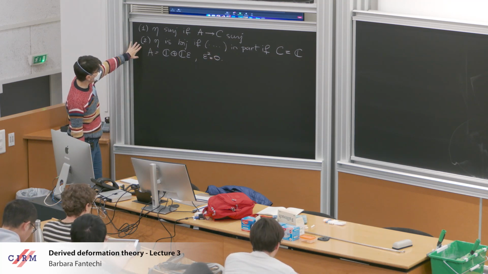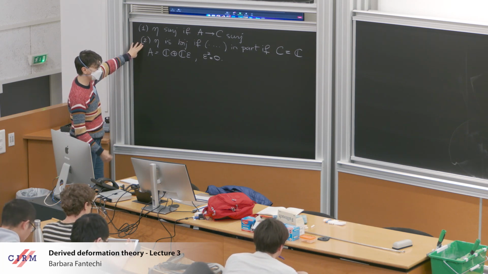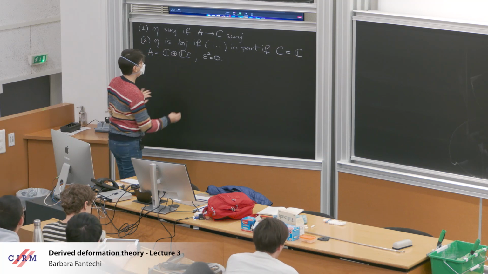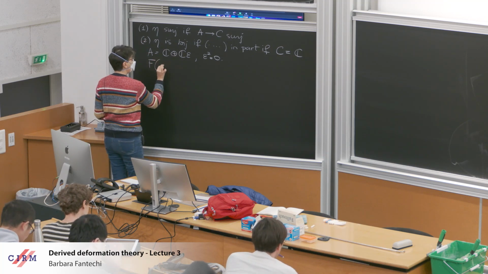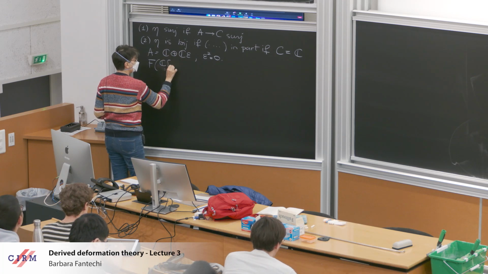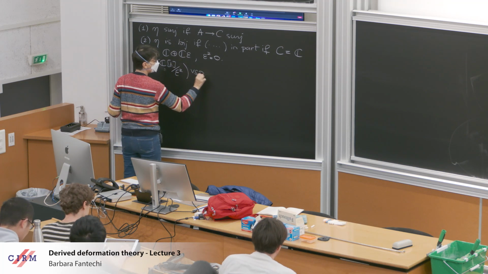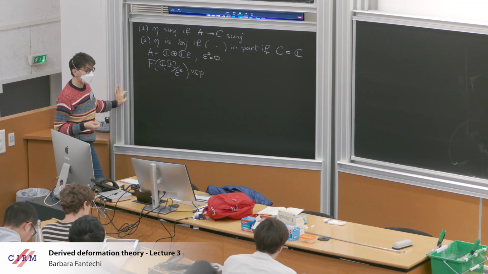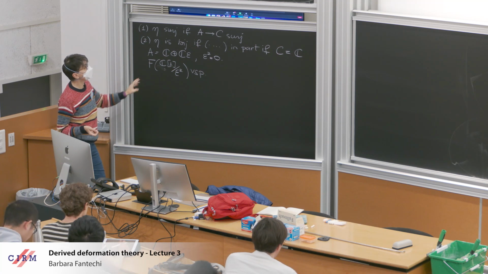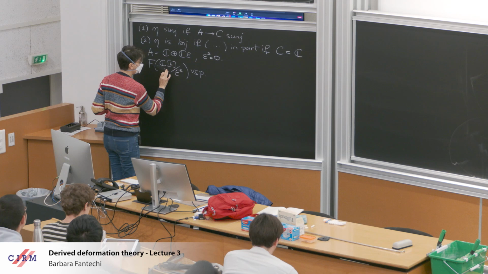And we notice that this condition here is related to the fact that I told you we could define on F of C[epsilon], sometimes I'll just write it like this, a vector space structure, and I hadn't told you how you define the sum, but now this is clear.